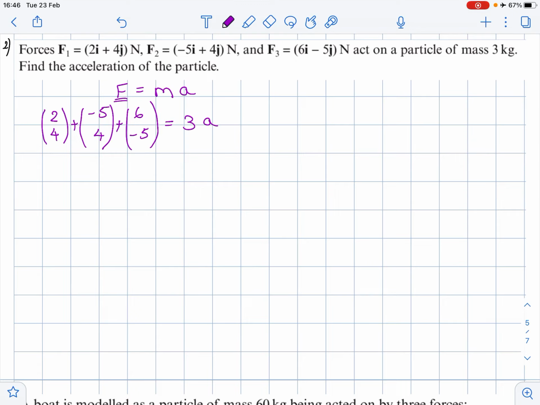So let's add them up. 2 minus 5 plus 6 is 3. 4 plus 4 minus 5 is again 3.